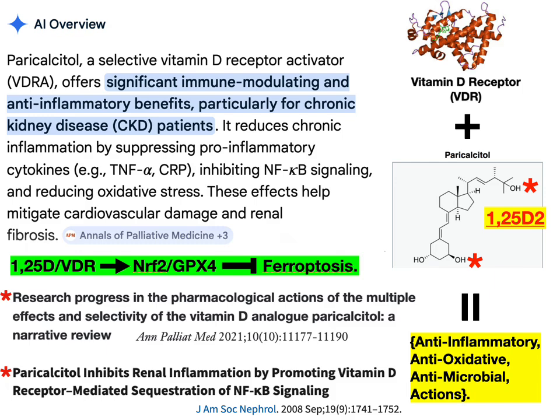In addition, paricalcitol reduces oxidative stress, particularly by activating vitamin D receptors, upregulating NRF2, GPX4.